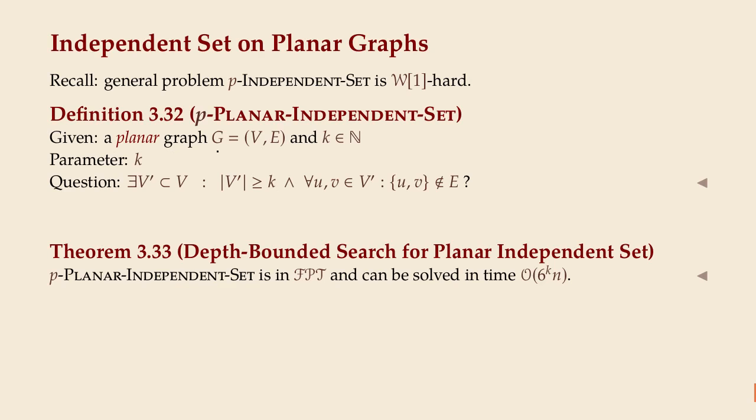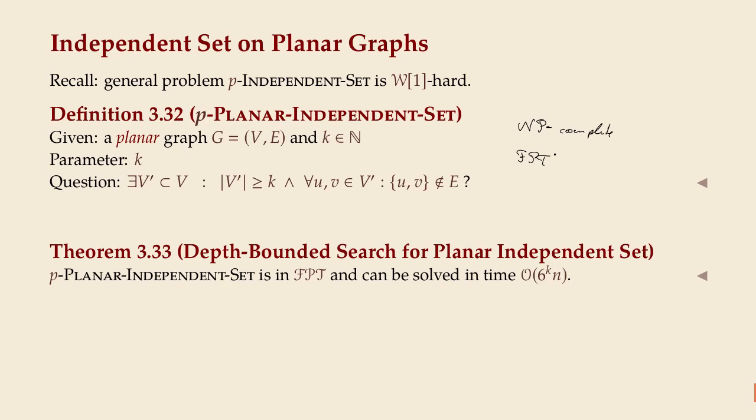In a second, I'll discuss briefly what planar graphs are. You probably have a picture in mind, but we need a few elementary properties of these. The problem is still NP complete. So going to planar graphs doesn't make the problem trivial. But it's in FPT, as we will see.